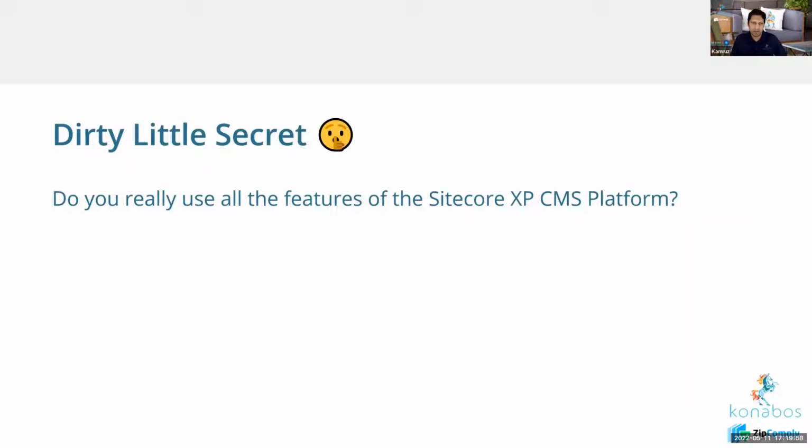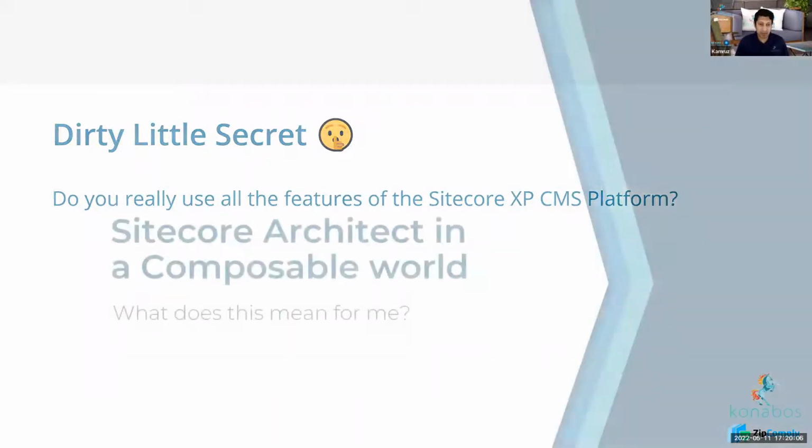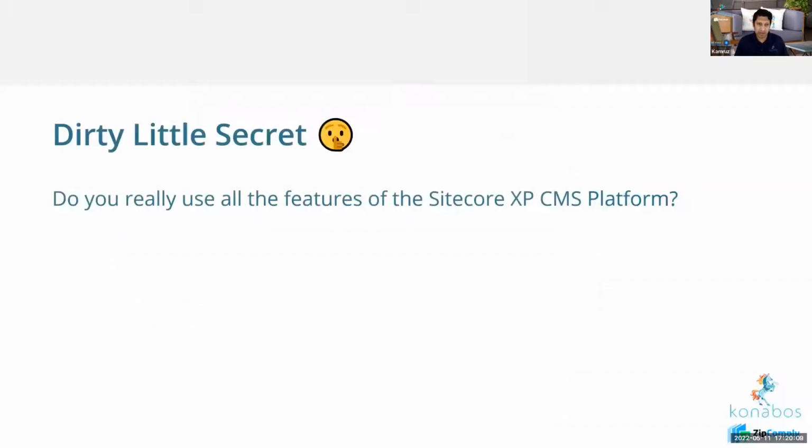And, of course, one of the biggest dirty little secrets within the Sitecore world is: are your customers really using all of the features of XP? Sitecore is an extremely feature-rich platform, and if people do use it properly, it's extremely powerful. But the vast majority of the projects are not using all of those things that they bought the product for in the first place.